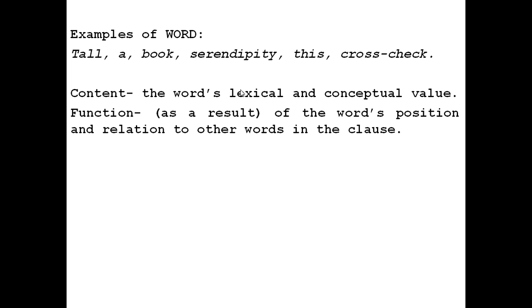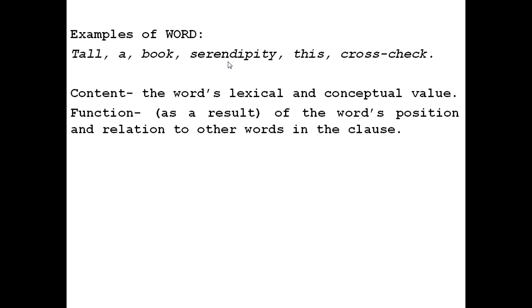Now perhaps, I'm not sure you know this word, so it might not tell you much either because it's not a very widely used word, but if you look it up in the dictionary, you'll find it means finding something by chance, being lucky in finding something by chance. Actually, it's a very interesting word also from the historic point of view because it comes from the ancient name of the island of Sri Lanka, the old Ceylon, which was called Serendip.